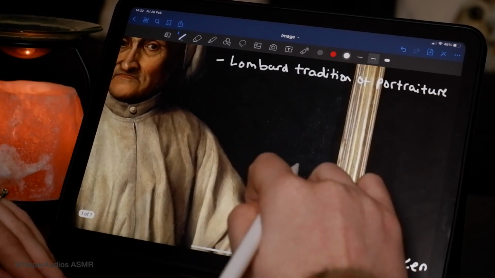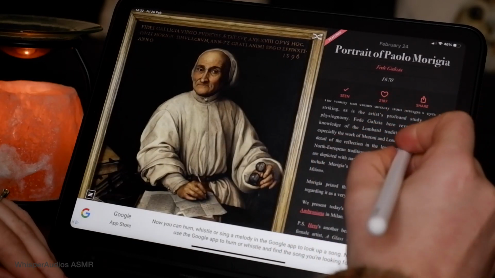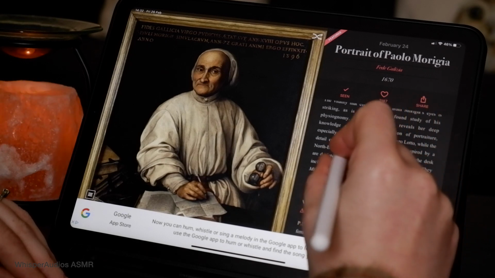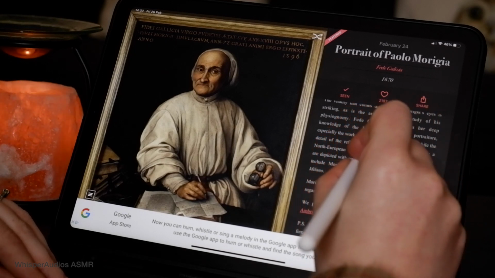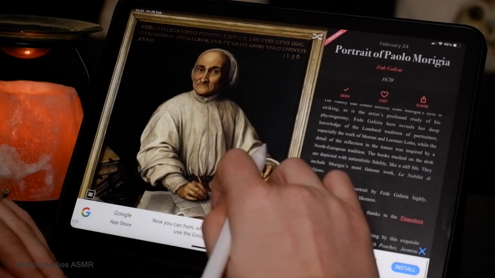Okay. Especially the work of Moroni and Lorenzo Lotto.